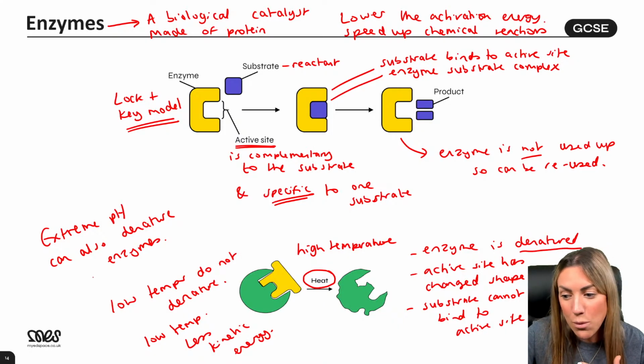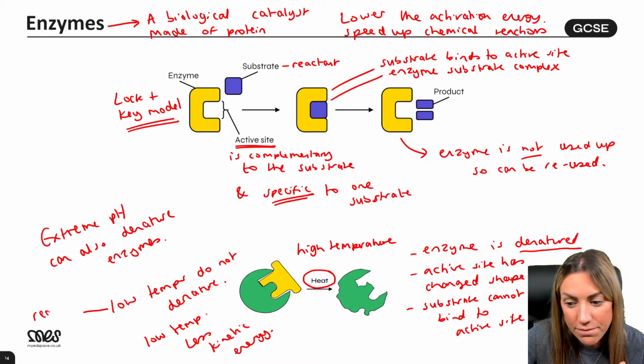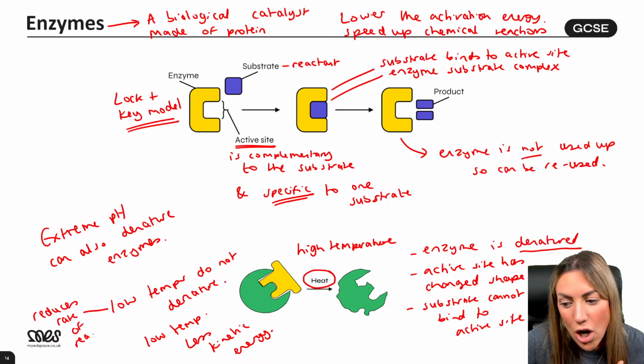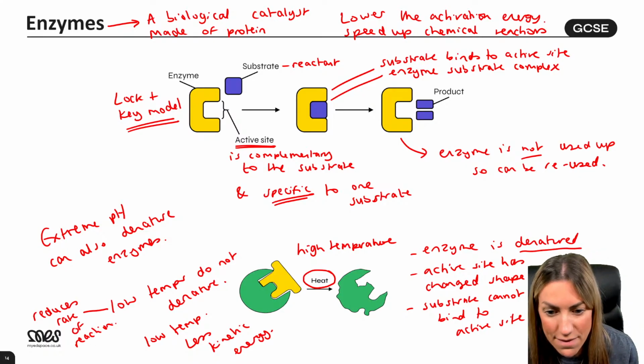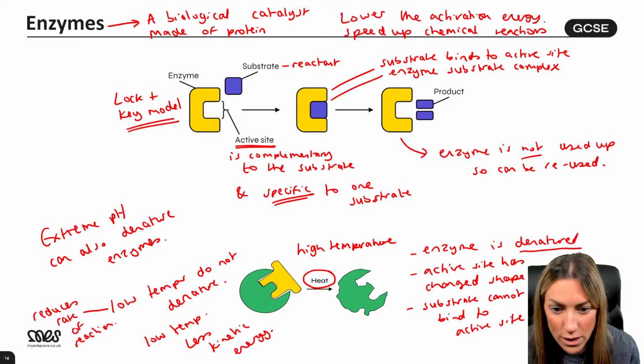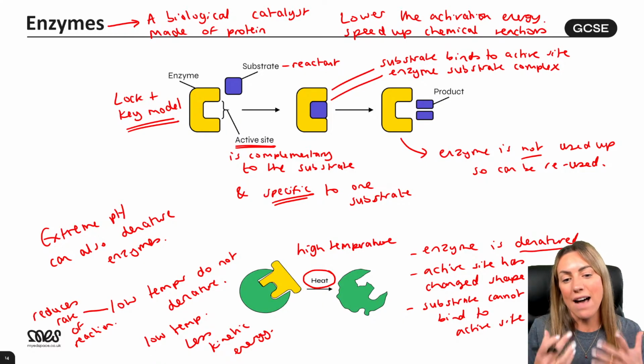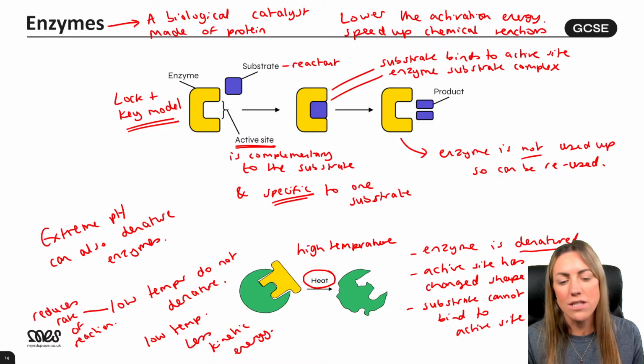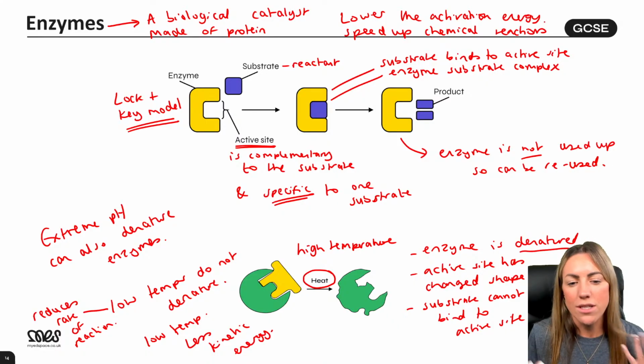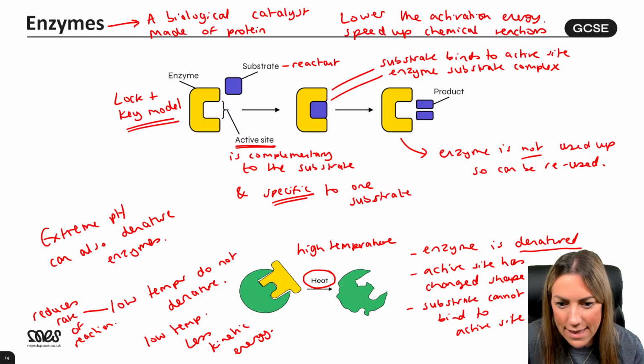So it would reduce the rate of reaction, but it's not going to denature an enzyme if it's just a low temperature. Well done. What we'd say in an exam is the enzyme and the substrate have less kinetic energy, so less successful collisions or less frequent collisions, so the rate of reaction is lower.